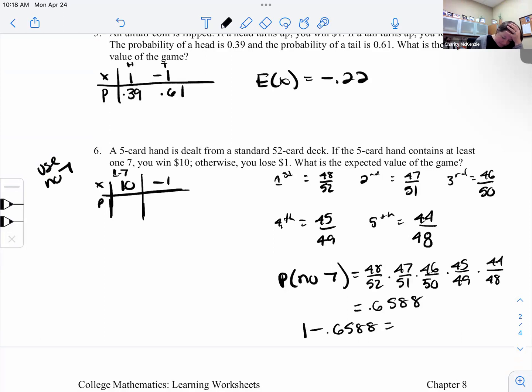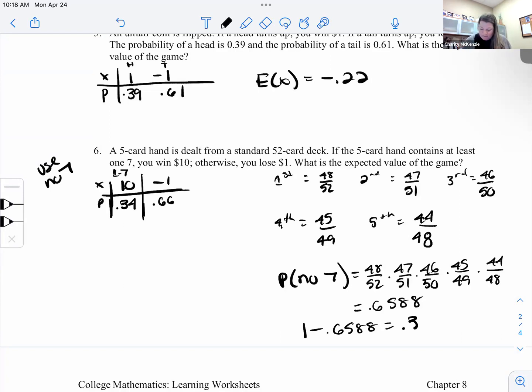I got 0.34. Let's just go two decimals. So the probability is 0.34 that you got at least one 7. So the probability of none would be 0.66, going to one decimal. And the 0.34 plus the 0.66 does add to 1, because we need it to, right?